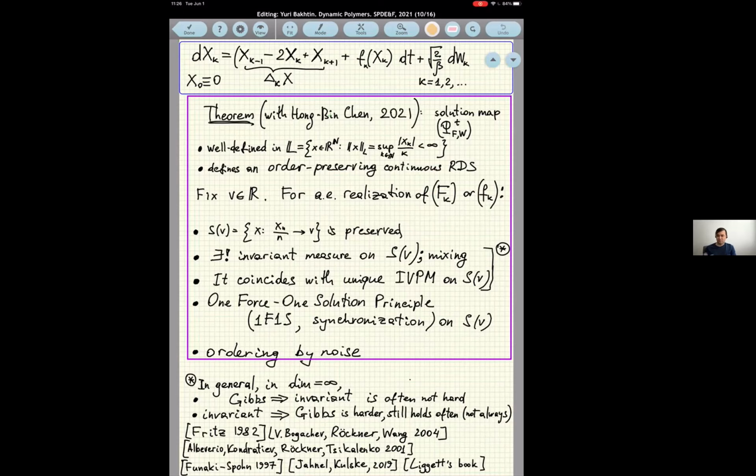We have to work with weighted norms, and this is only one of the norms that appears in the paper. So this is just for simplicity of presentation. And so it turns out that what you get is an order preserving continuous random dynamical system. Now, actually, a lot of work goes into this statement.